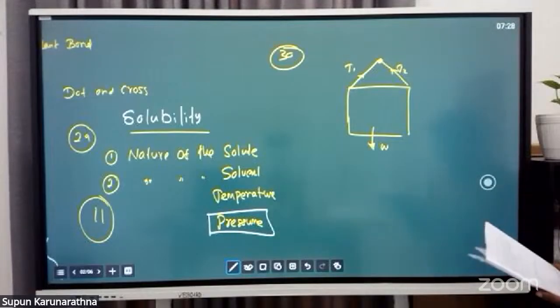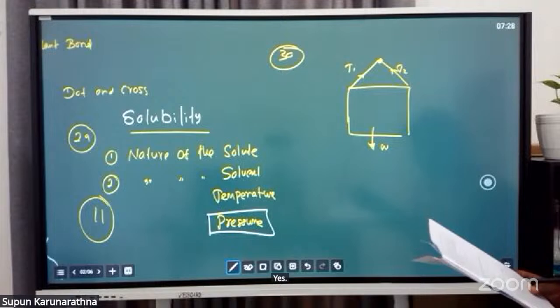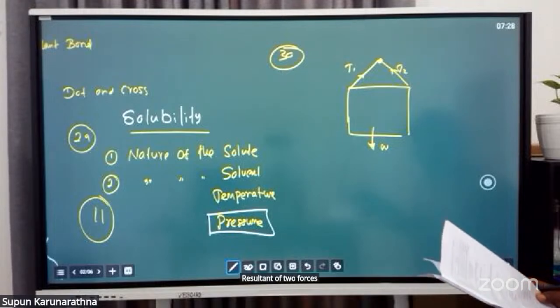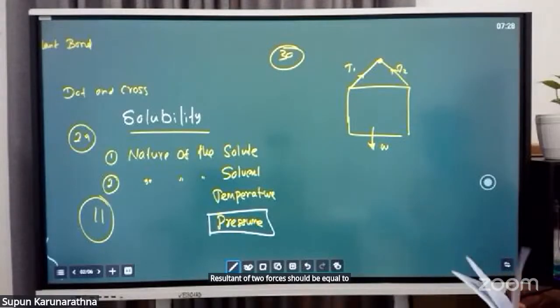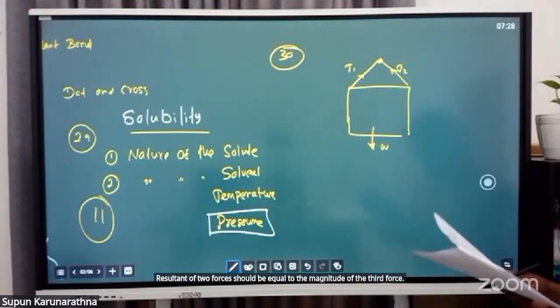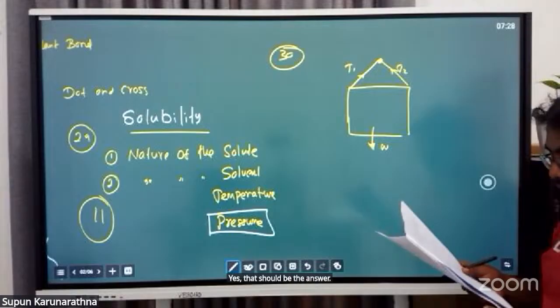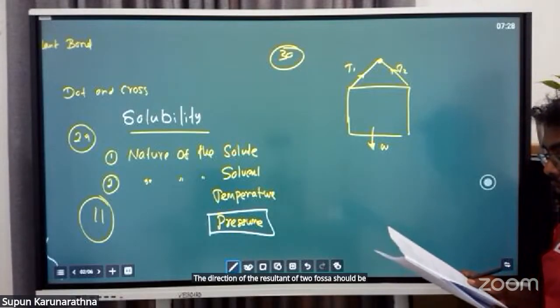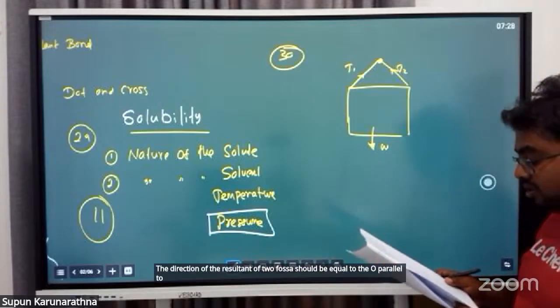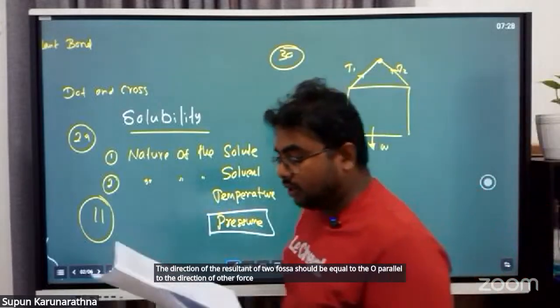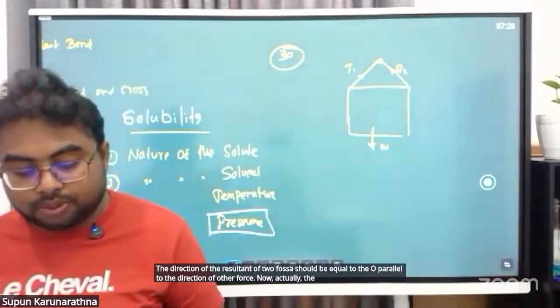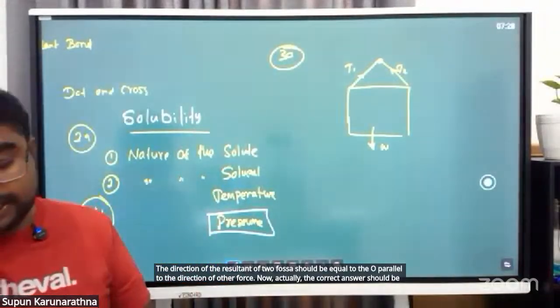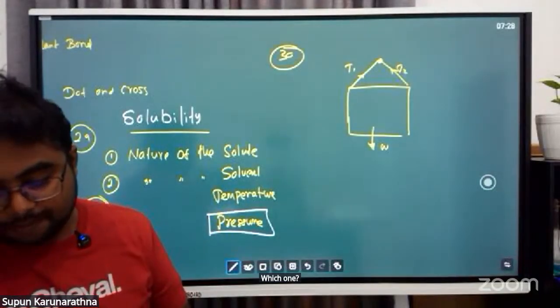First one: the resultant of two forces should be equal to the magnitude of the third force. Yes, that should be the answer, no? The direction of the resultant of two forces should be equal or parallel to the direction of the other force. No, actually the correct answer should be the first one, right?